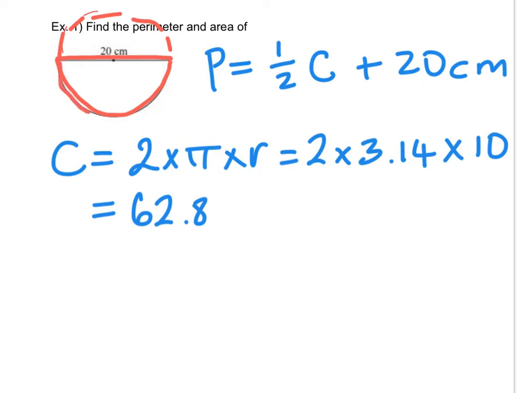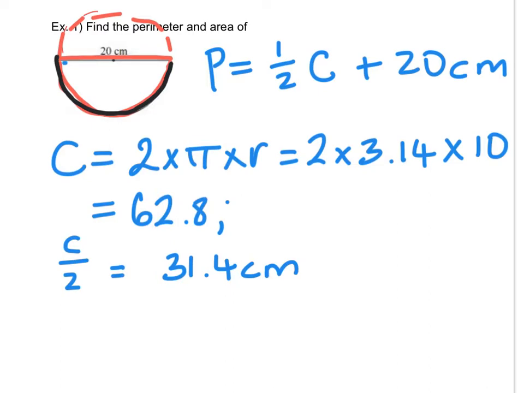But we've only got half of the full circle, which I'm going to highlight here in black. So now we have to divide that by 2, and we're going to get 31.4 centimeters. That's the distance marked in black, from there around to there.